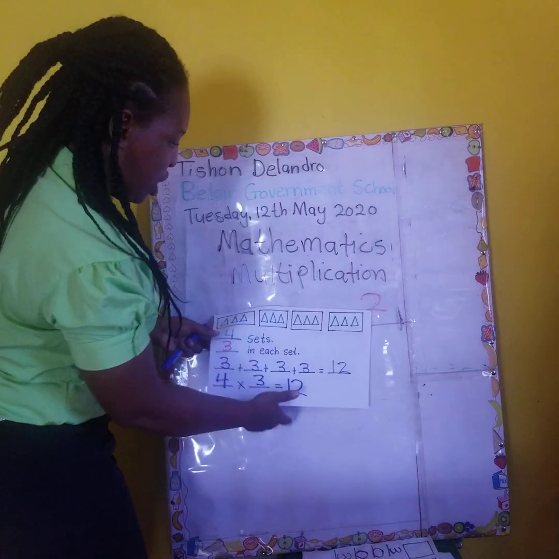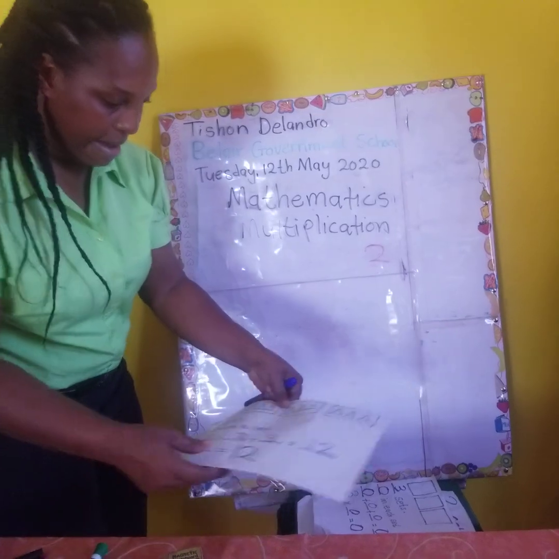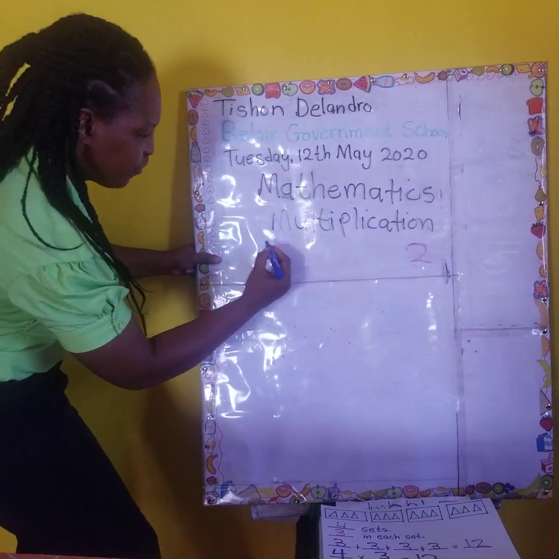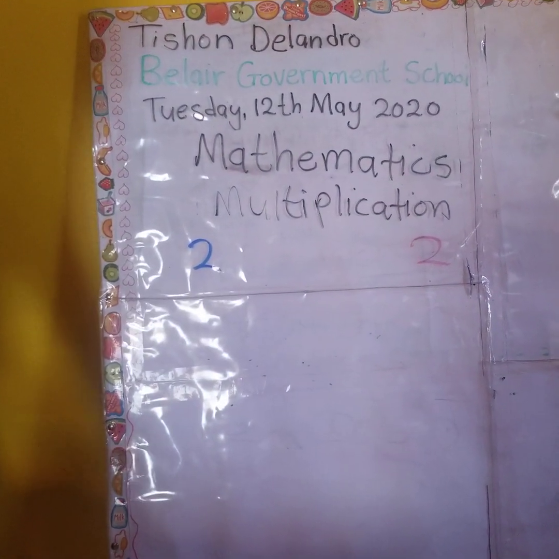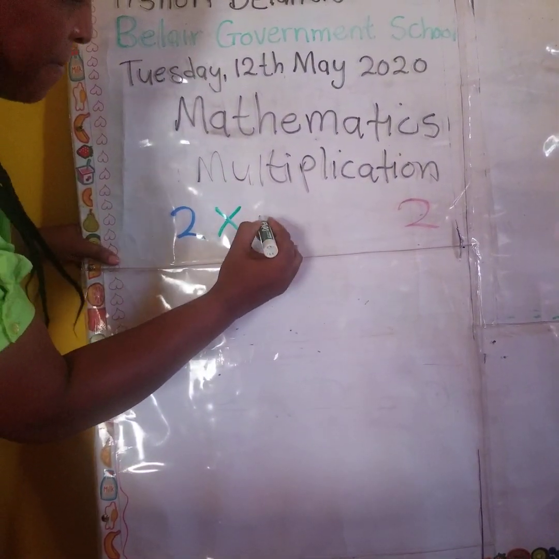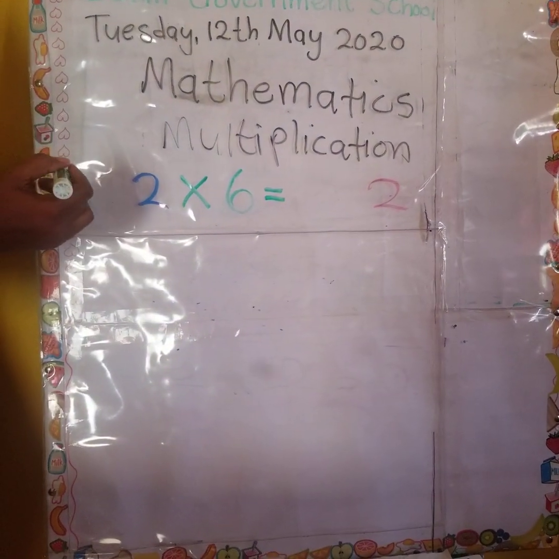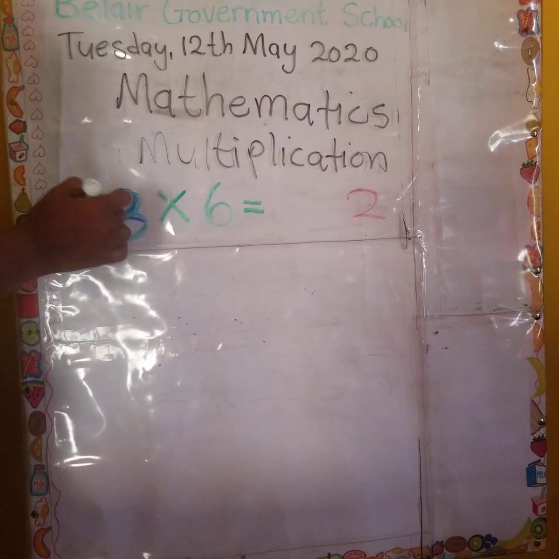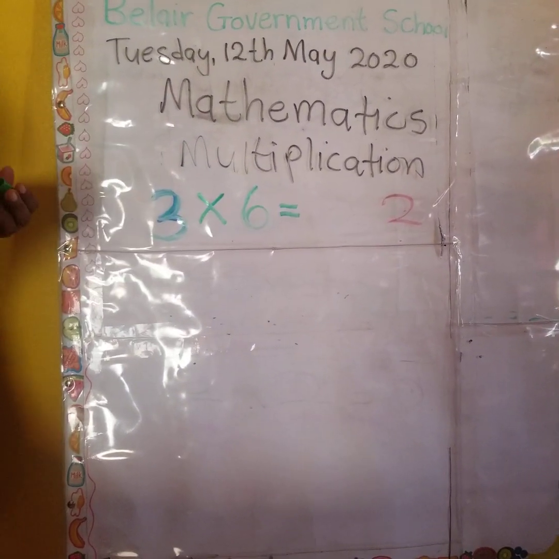Very good. Now we are going to try one more. Okay? So let us try 3 multiplied by 6 is equal to something.